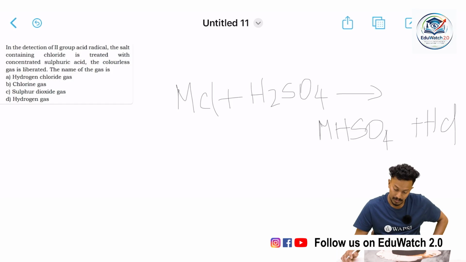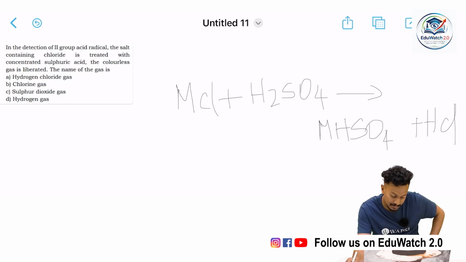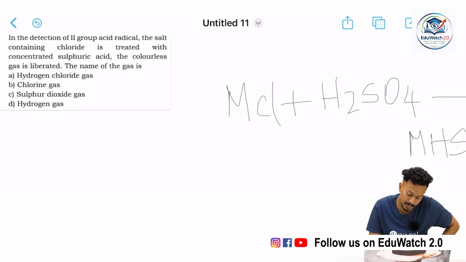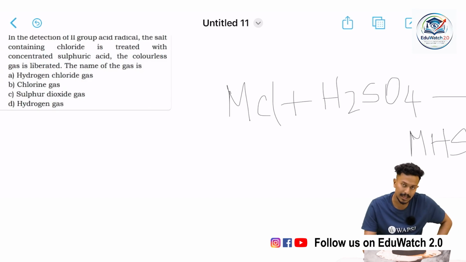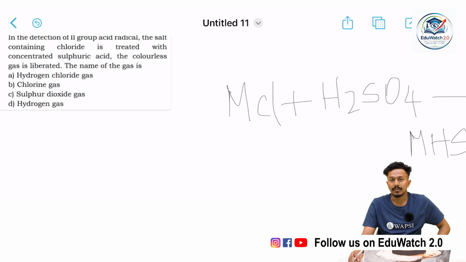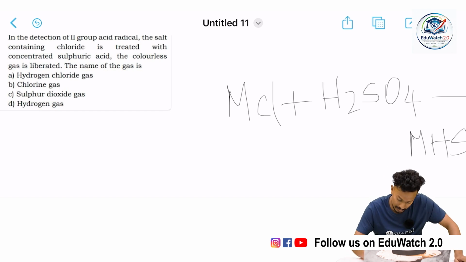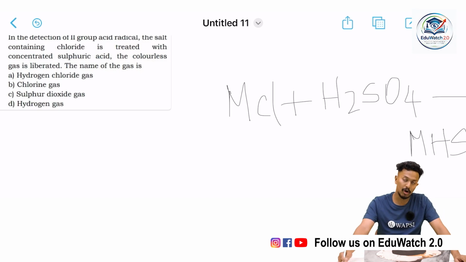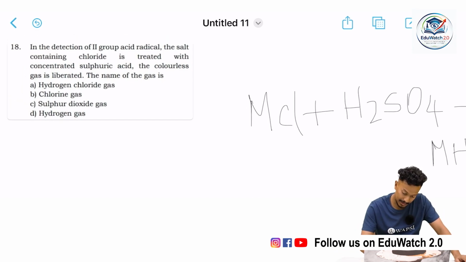So name the colorless gas that is liberated. The correct gas should be hydrogen chloride gas. Any alkaline earth metal or alkali metal, when treated with sulfuric acid, only HCl, hydrogen chloride gas, is liberated. So the correct option for this question would be option A, hydrogen chloride gas.